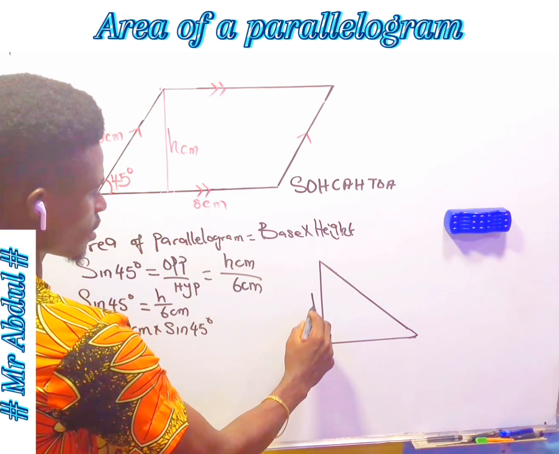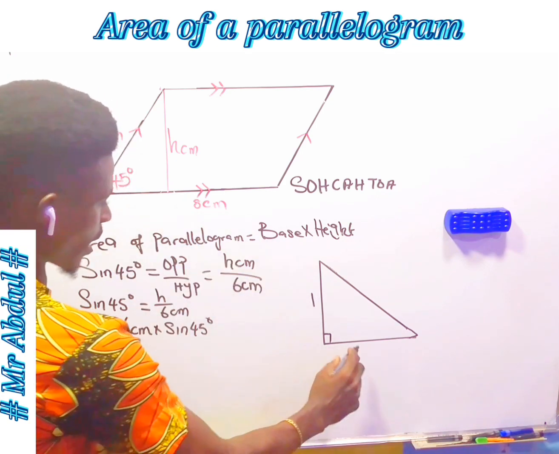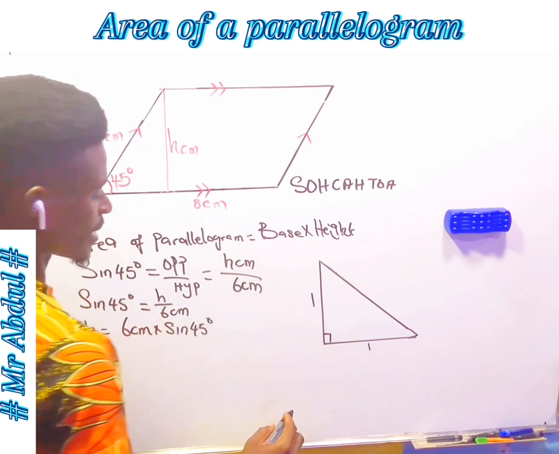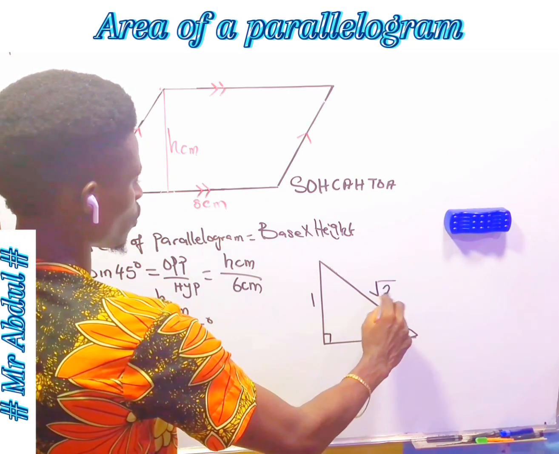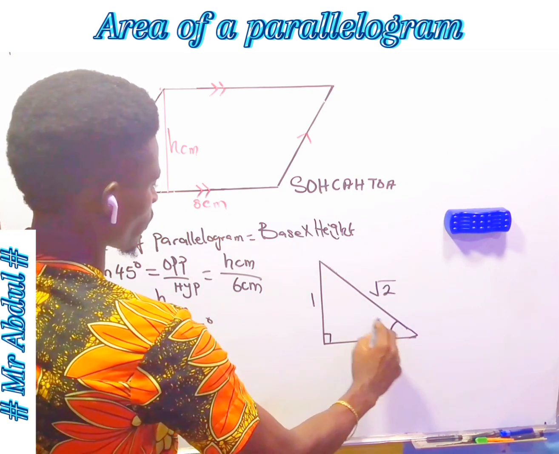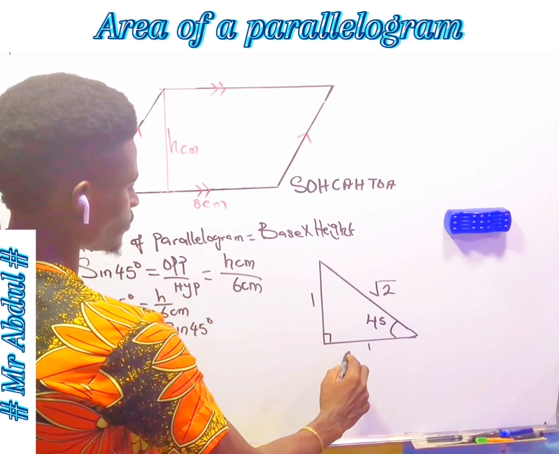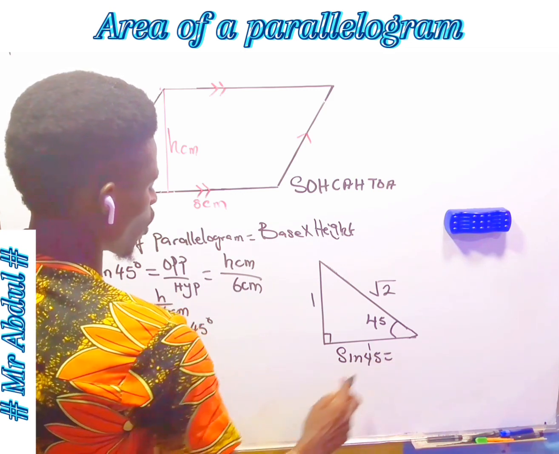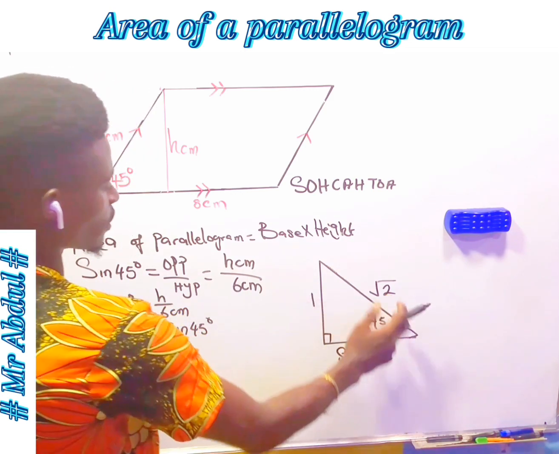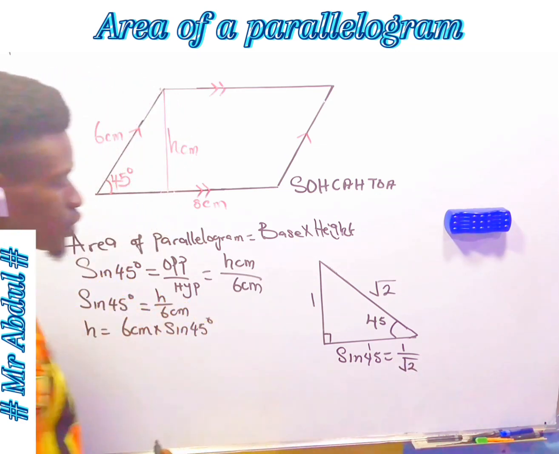whose vertical height, or the perpendicular height, is 1, the adjacent is 1, and the hypotenuse is root 2 for sine 45. Therefore, sine 45 is equal to opposite over hypotenuse, which is 1 over root 2.